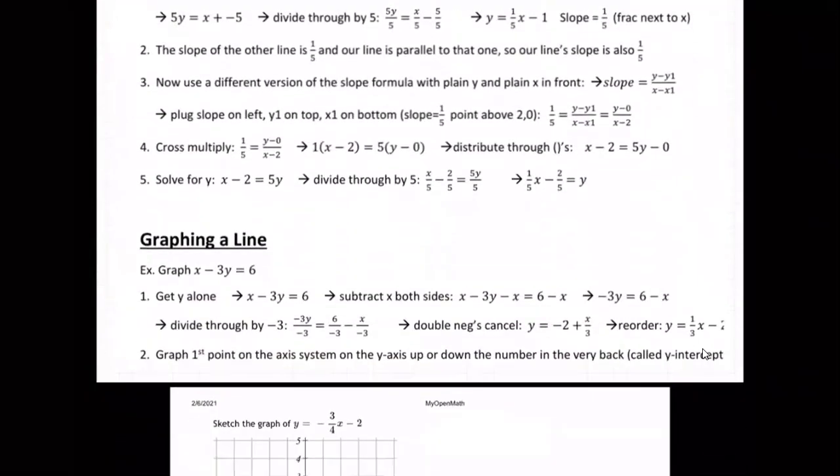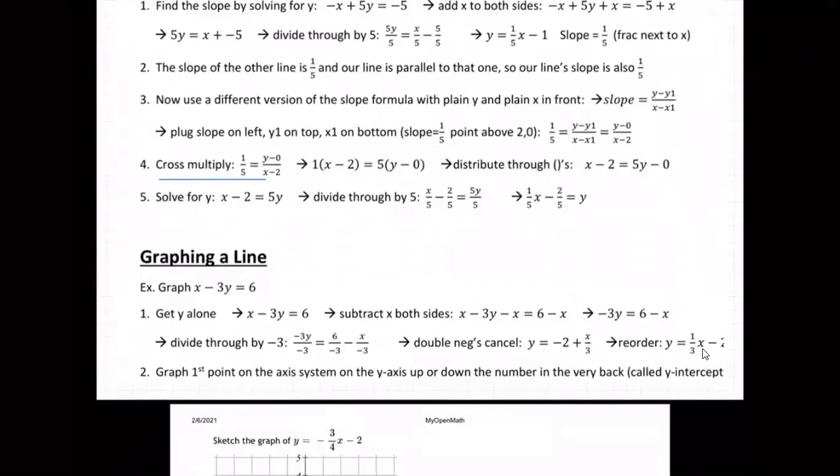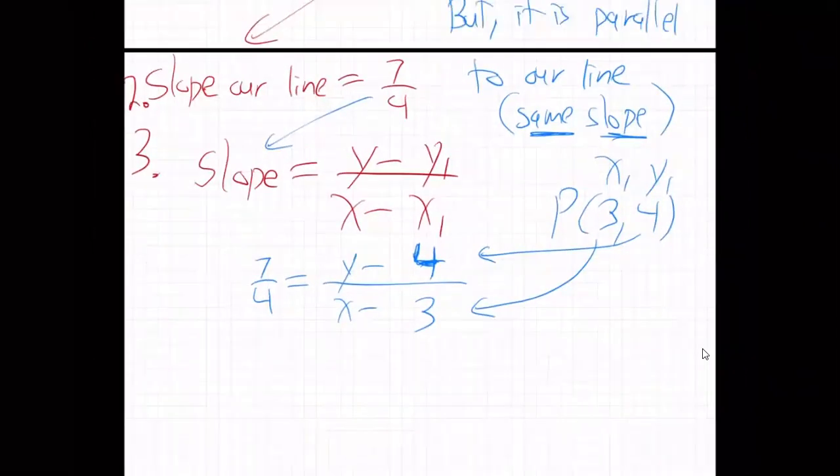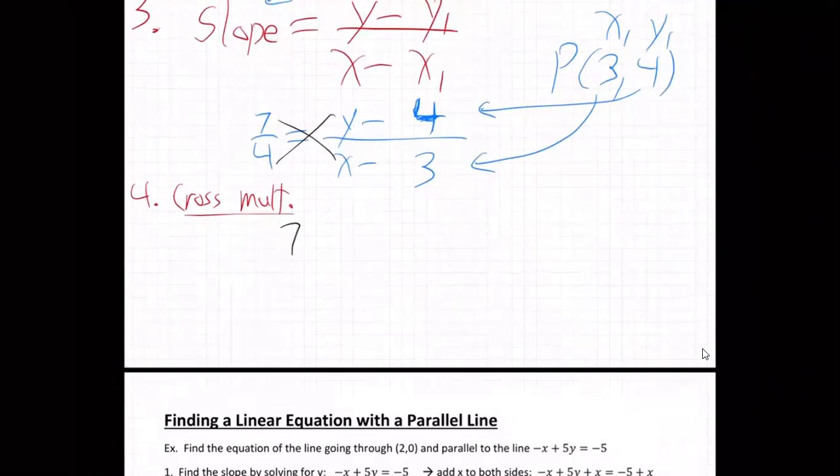Now, come on down. Step 4, cross multiply. Distribute through the parentheses. So step 4. Cross multiply. So I'm going to do it diagonal, diagonal. We good there?